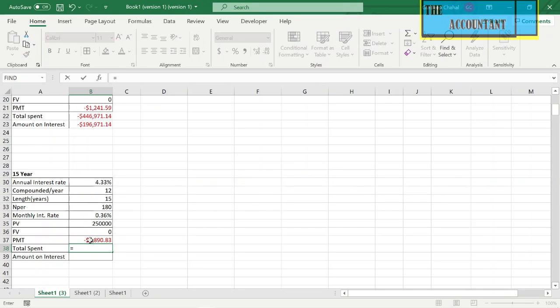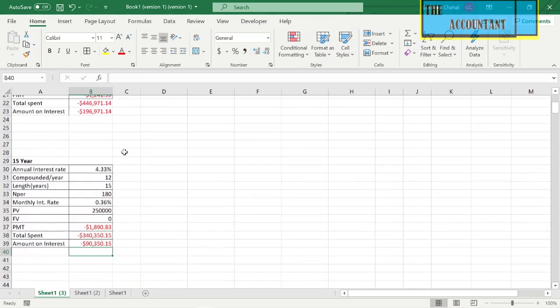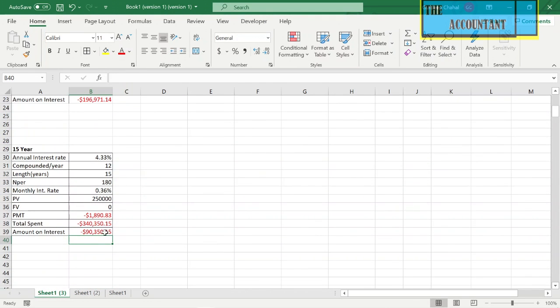So to calculate the total, we just multiply the payments by the number of periods, which gives us $340,000 spent total. And to determine how much of that is interest, we will just subtract the present value from this. So you can see a lot less is being spent on interest in this case.